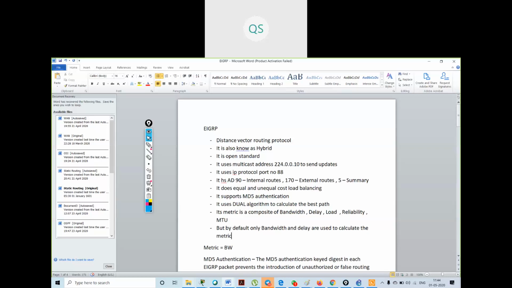Bandwidth and delay value is used, that is 1 and 1. Rest all the values will be 0.